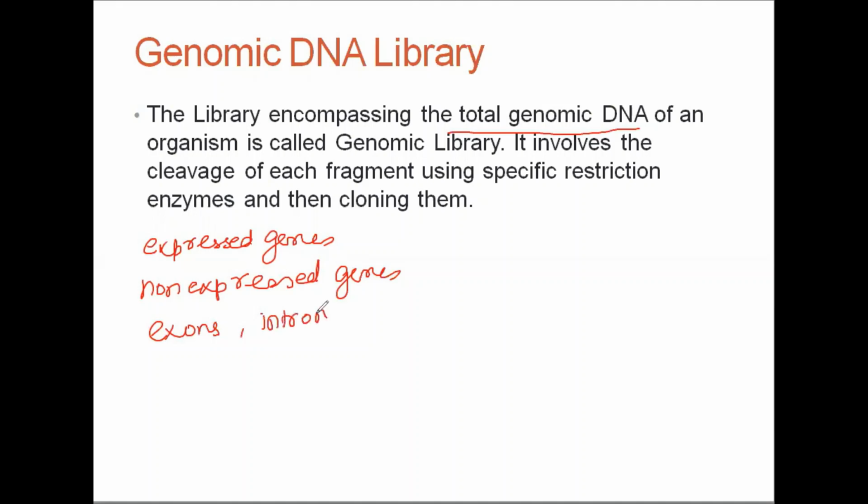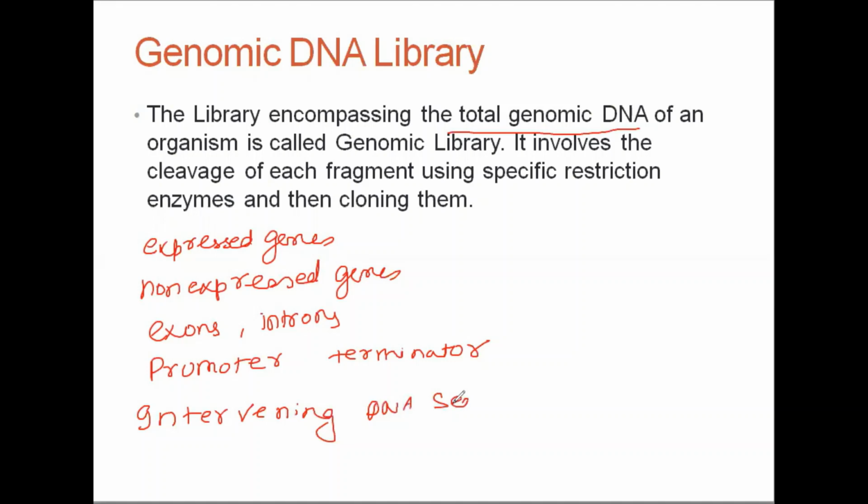Let me write it one by one. Promoters, terminator regions, and then intervening DNA sequences. So you have almost all the important things that are required in an organism or organism genomic DNA.